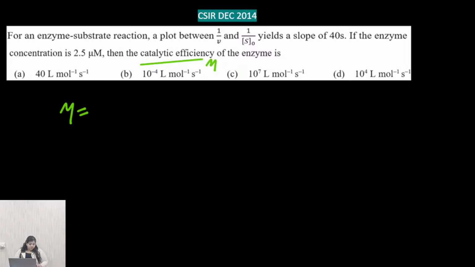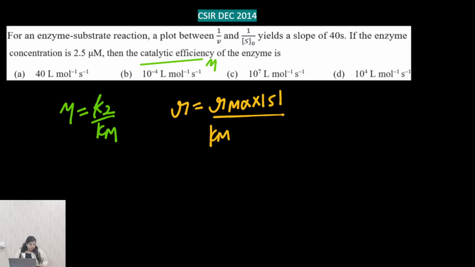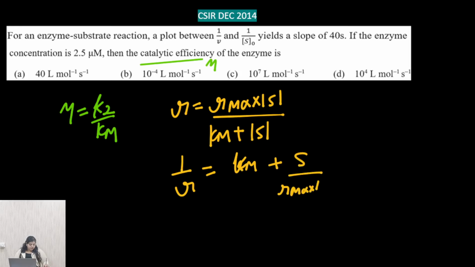So the eta value is nothing but k2 by Km. Now, for the enzyme catalyzed rate, we have R max into S upon Km plus S. Reciprocating, 1 by R is Km plus S upon R max into S. Here also R max into S, so this S and S get cancelled out.